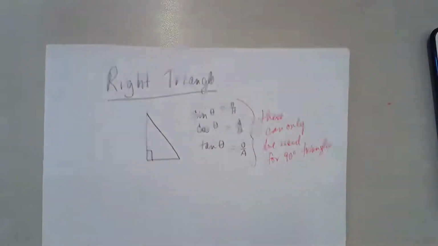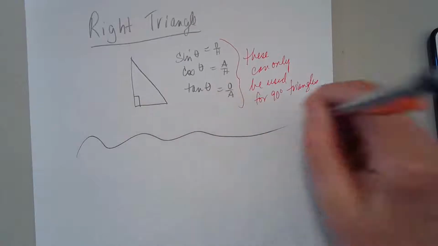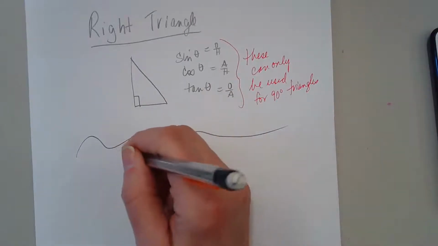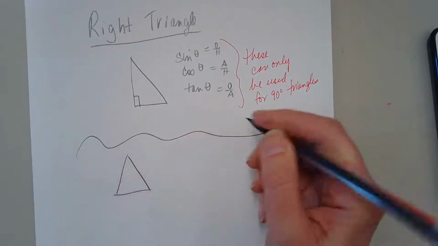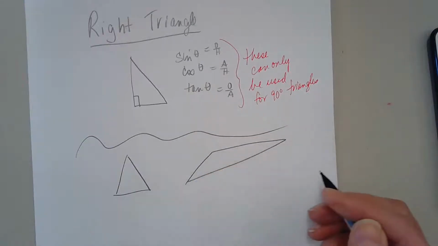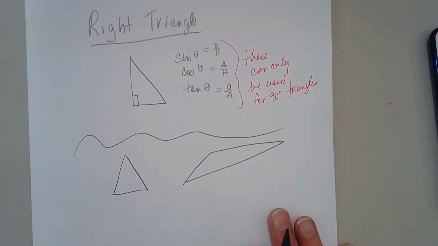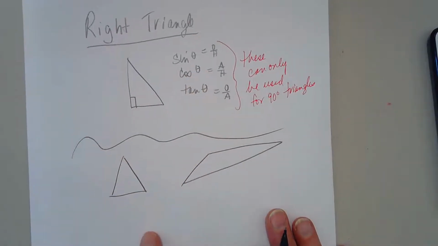But the problem is our world involves many kinds of triangles, and most of the triangles we have, like those weird looking triangles like this, don't have a 90-degree angle. I can't use these laws in those.